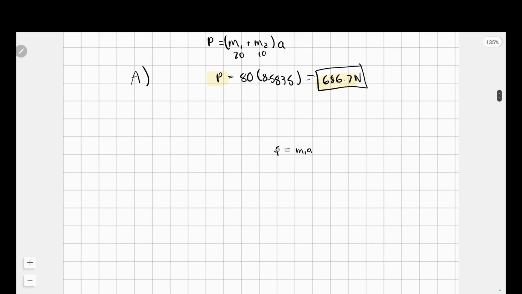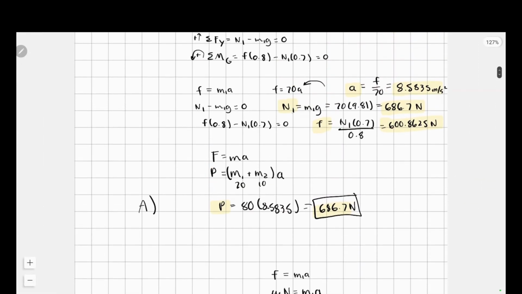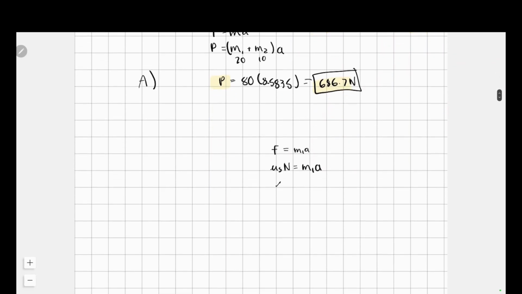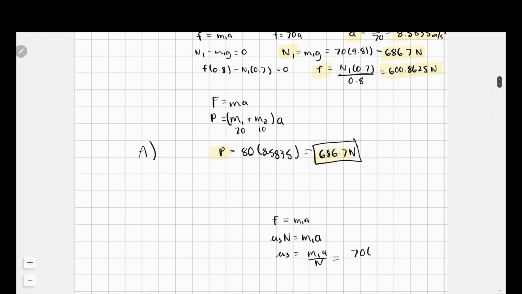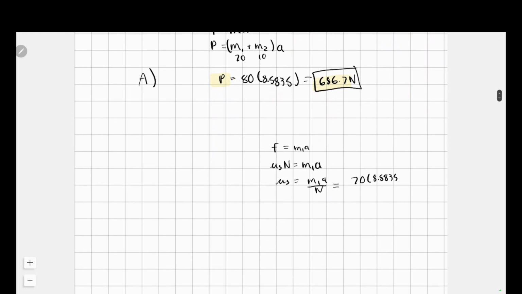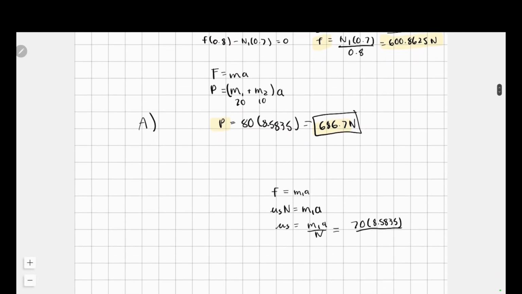Alright, so we know that this is friction. Friction equals the coefficient of static friction times the normal force. And we know the normal force that the cabinet is experiencing, that would just be N1. We know M1 and we know A. So the coefficient of static friction would be M1A over N1, which is 70 times A, and A is 8.5835, over N1, which was right here, 686.7.